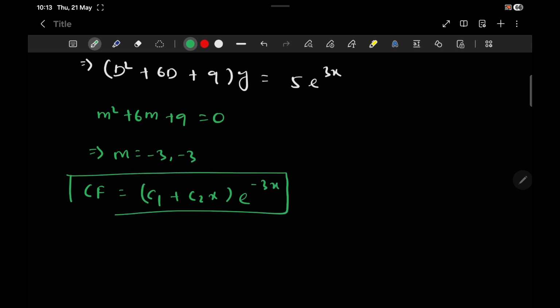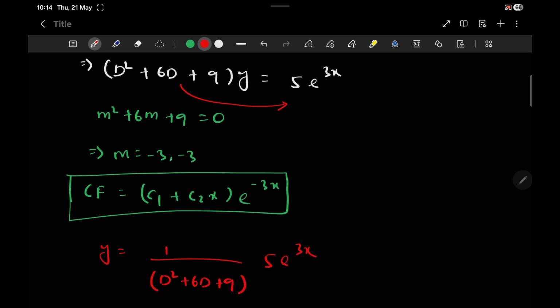We have the complementary function. Now we will solve for the particular integral. So y will become 1 by D square plus 6D plus 9 into 5 e to the power 3x, right?